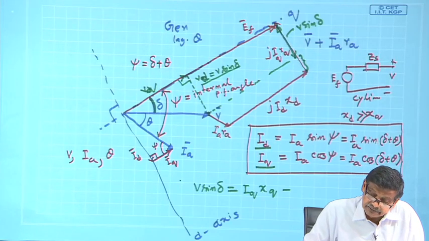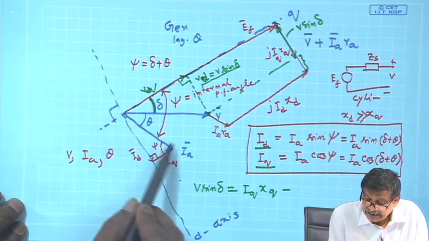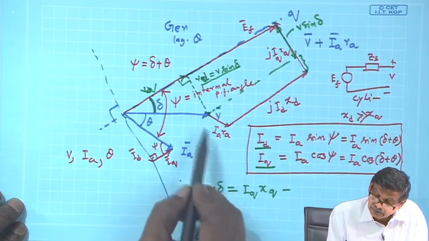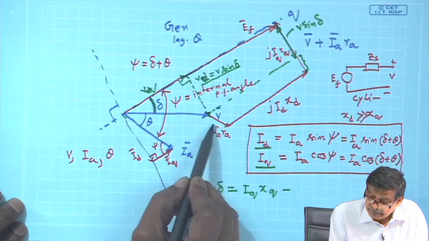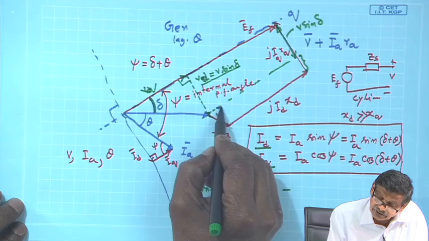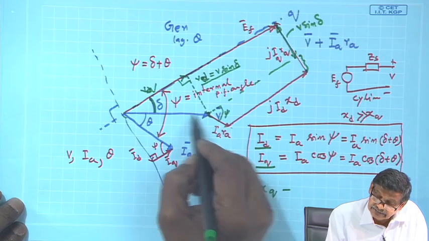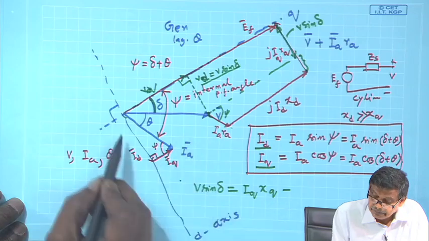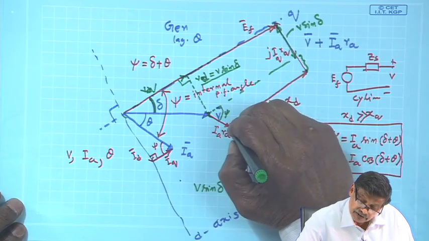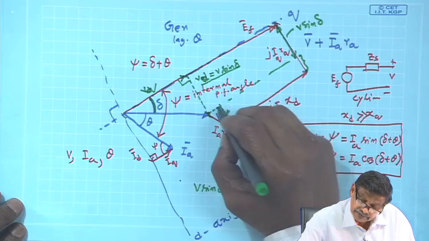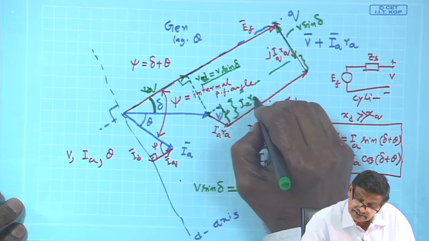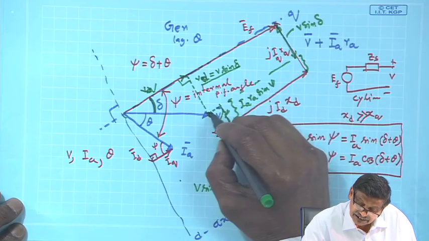What will be this length? See, the angle between I A and this line is psi. So, I A R A is parallel to this I A, so this angle is also psi. Therefore, if you drop a perpendicular there, this length will be nothing but I A R A sin psi from this right angle triangle.